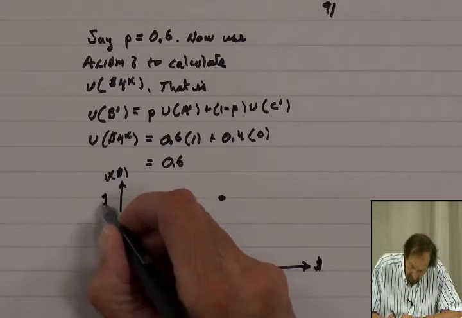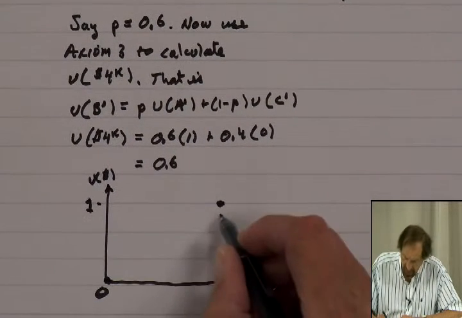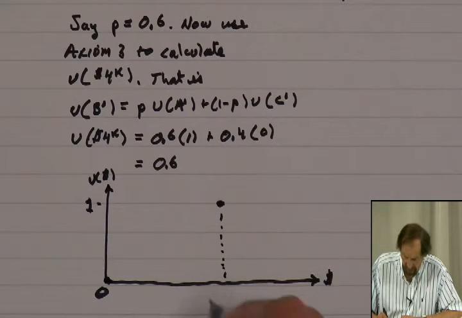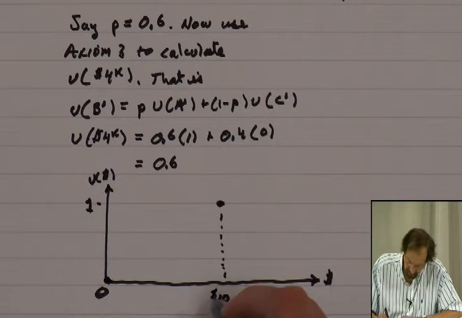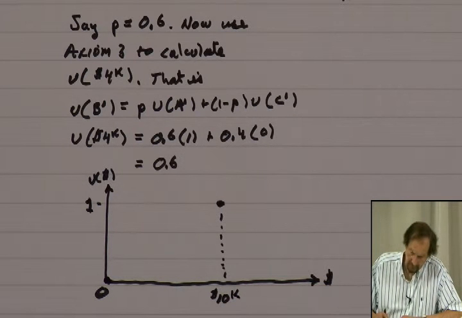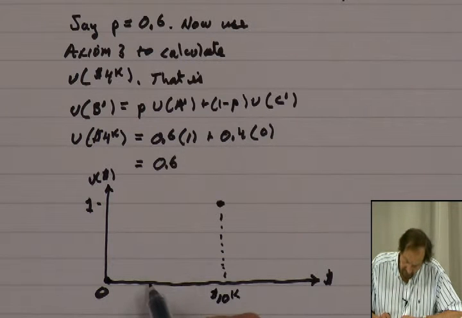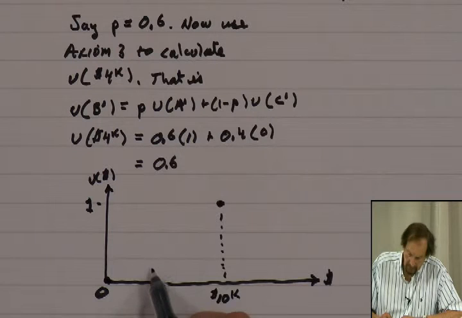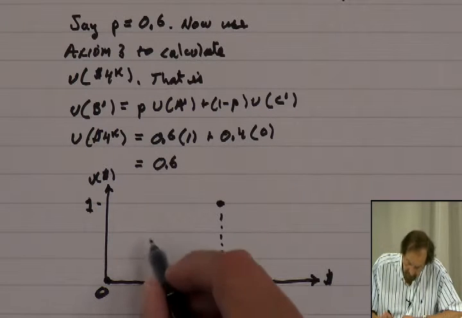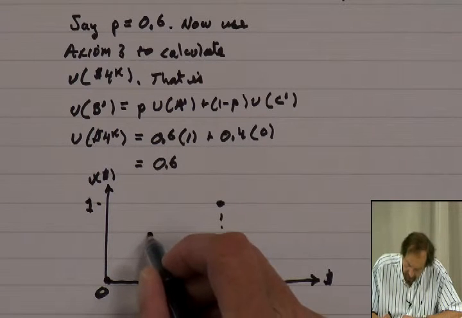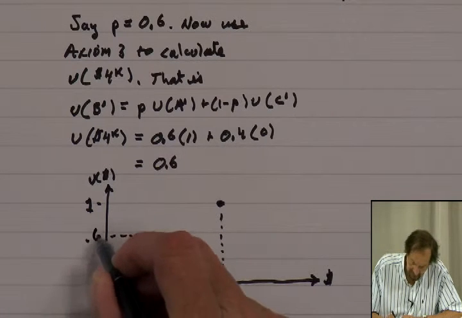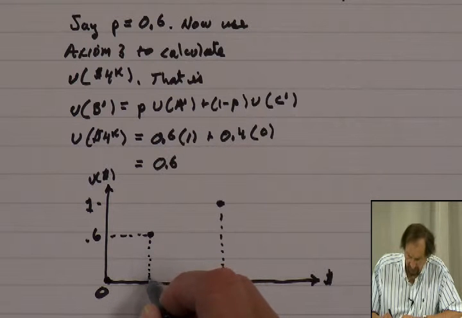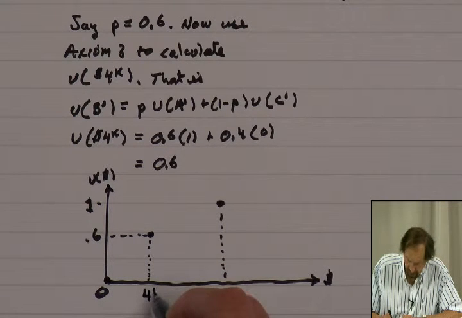So let this be 1, and this is $10,000. Now we just calculated that the utility of 4,000, about here, is 0.6. So let's go up here and come across, that would be 0.6, and this would be 4K.